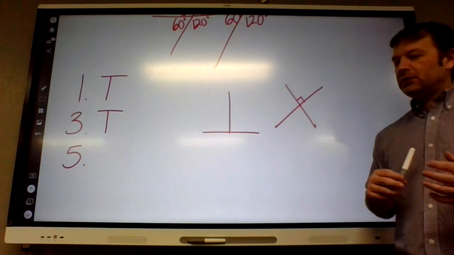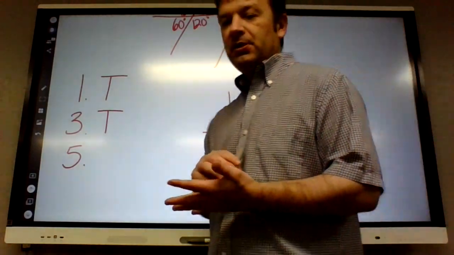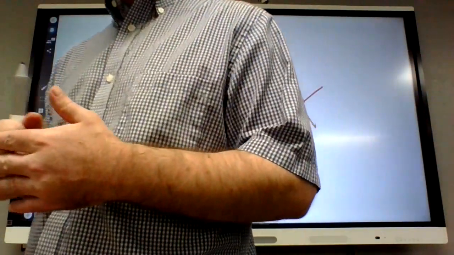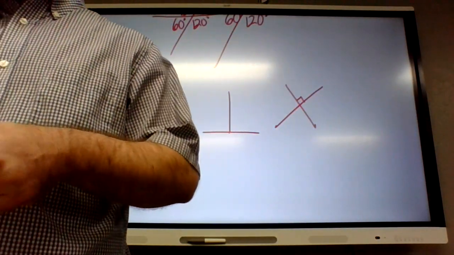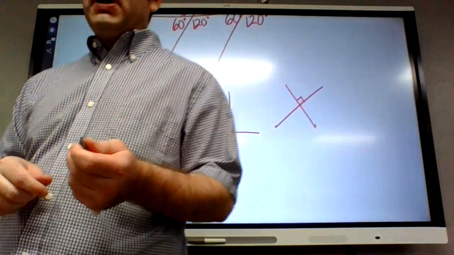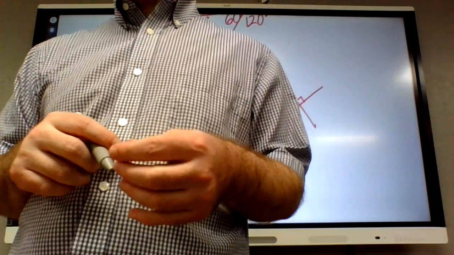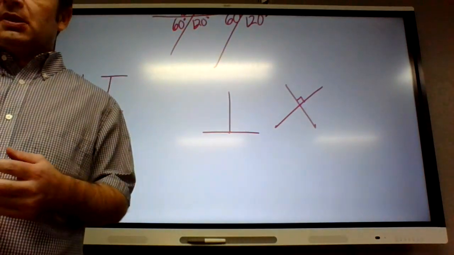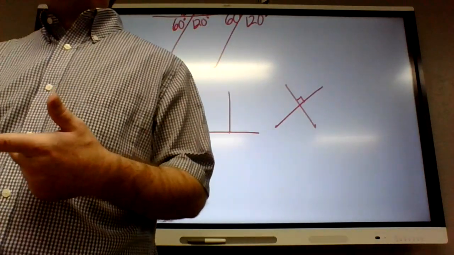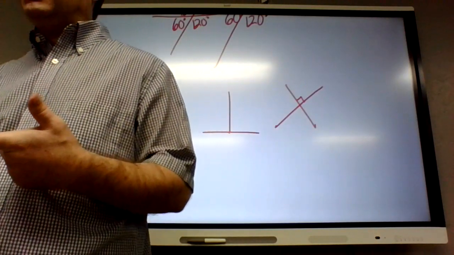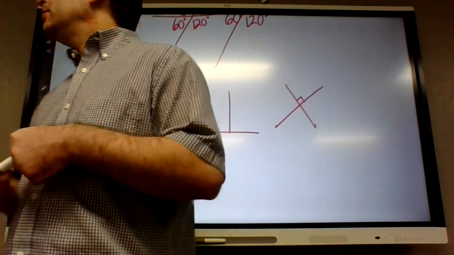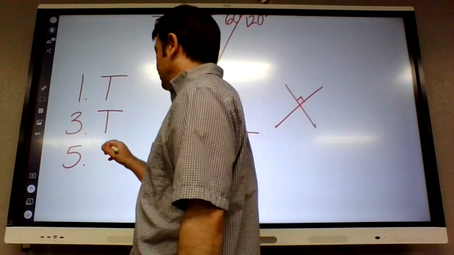Okay, so perpendicular lines intersect at a 90-degree angle. Can we tell by looking at the picture that AC and CD are perpendicular? No, you cannot assume, even though it looks like they are. So it cannot be determined.